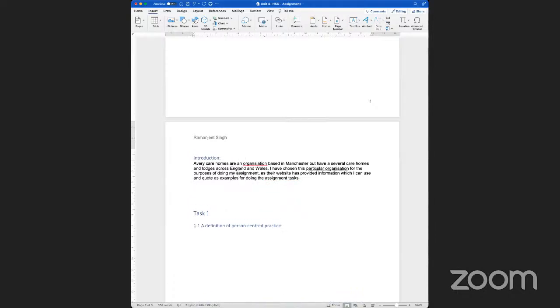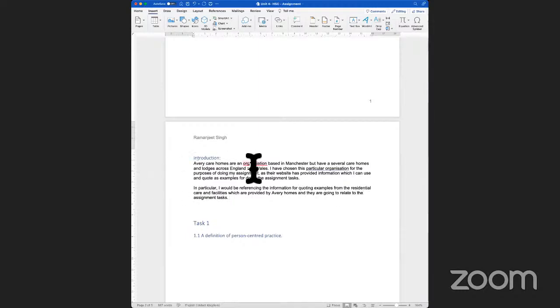I'll also mention in particular that I would be referencing the information for quoting examples from the residential care and facilities which are provided by ATHE homes, and they are going to relate to the assignment task.